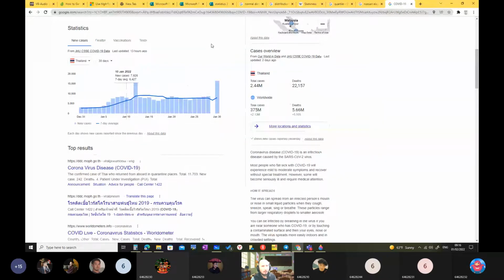So for example, last 30 days, 7-day average COVID. Okay. New cases, okay. So look, this is 5,000 cases, 7,000. Okay, I'm moving it. You see it's changing. Deaths.